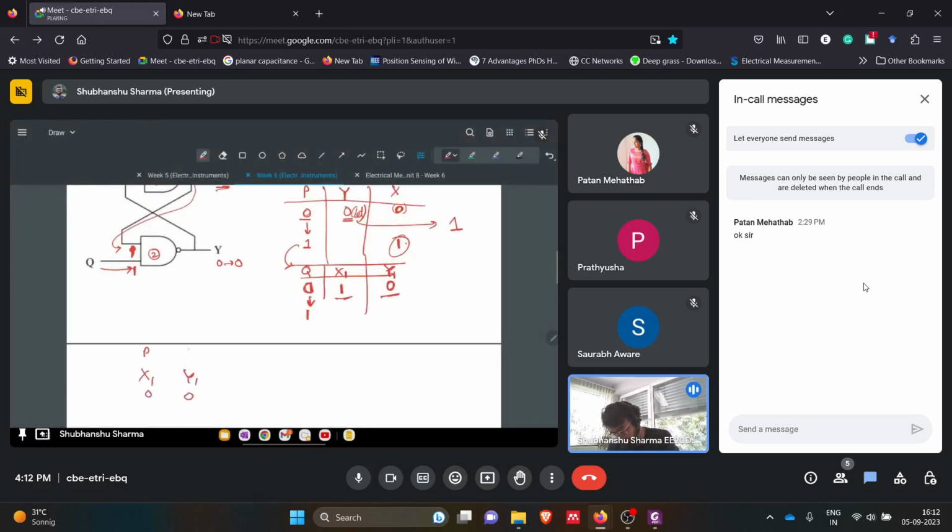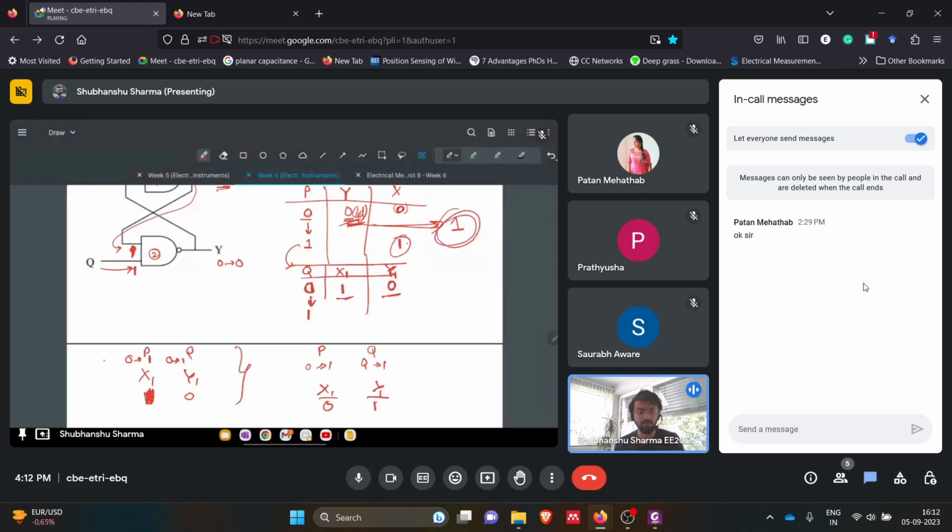When we changed p and q from 0 to 1, then x1 would have been 0 and y1 would have been 1 in that case, if we would have changed the initial condition of this y.